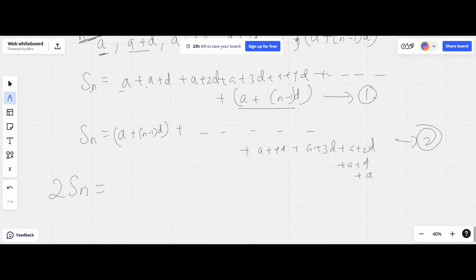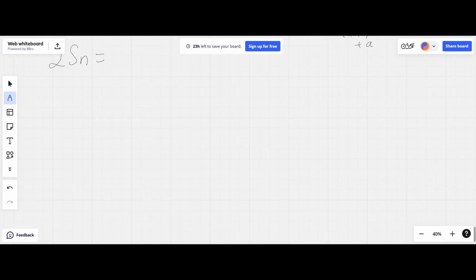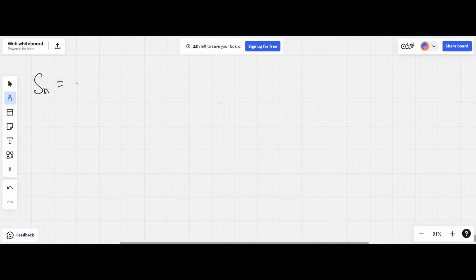Wait, I think the letters are not clear, so I will rewrite. Sn is equal to a plus a plus d plus a plus 2d, likewise it goes on, plus a plus n minus 1 d.